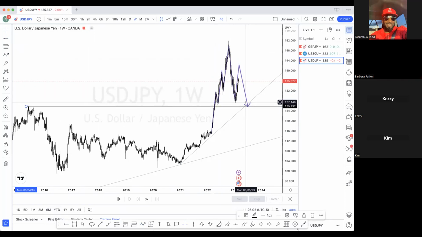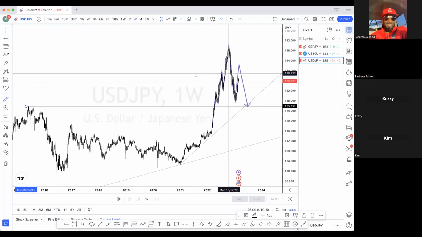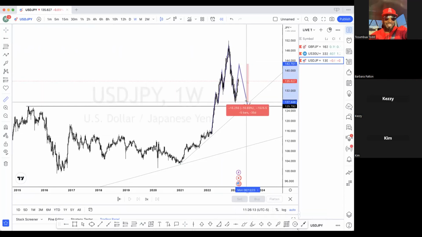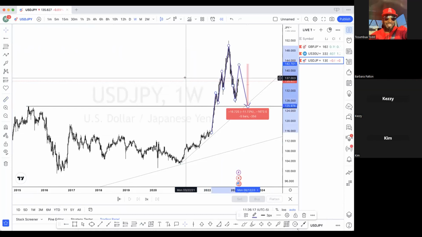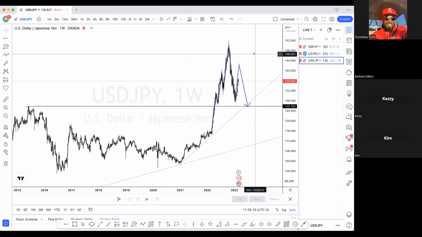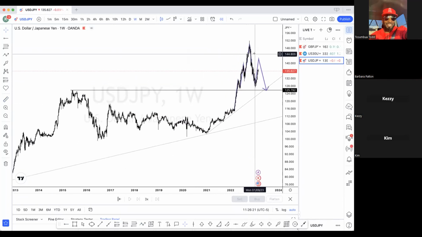At least to retest this area based off price action and this trend line. So if price does what I'm thinking it's going to do, that's where I would expect price to come back to.